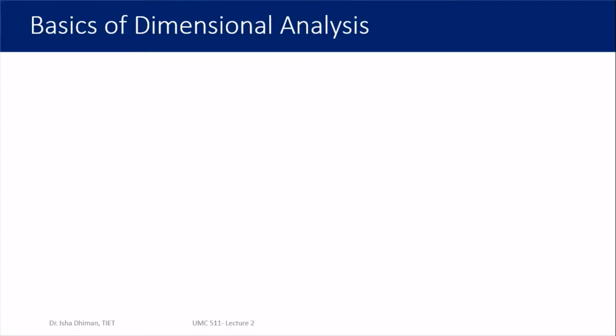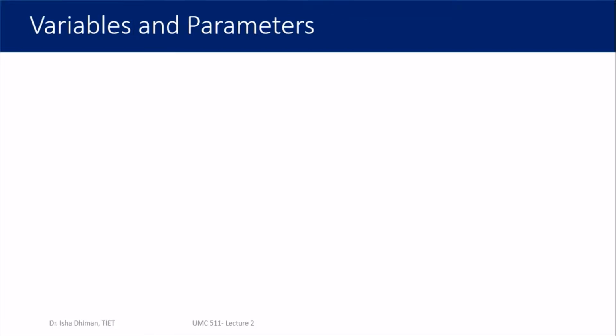The how part will start from some basics of dimensional analysis. The first thing, if you look at the definition which I just gave you, involved the term variables. So first I need to explain what is the meaning of the word variable and what is a parameter. Most of the time everybody is confused about what a variable is and what a parameter is, and the difference between them.